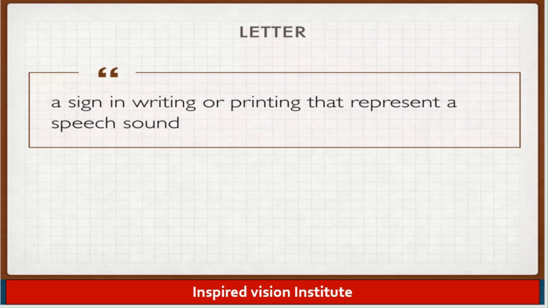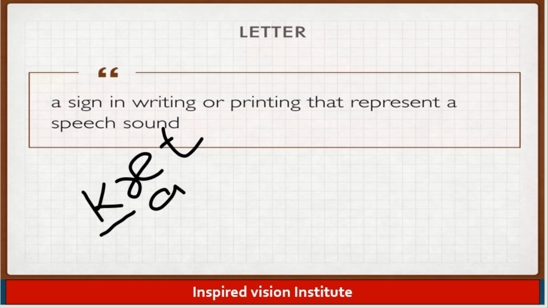For example, we have the word cat, which has a sound like ka, and then a, and then ta. So we have three sounds here. For the sound ka, we use k, it's a letter. For the sound a, we use a, and for ta, we use t. So these represent the sounds, and these are called letters, in fact.